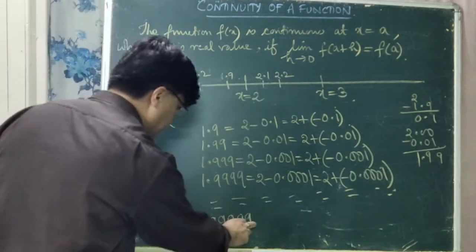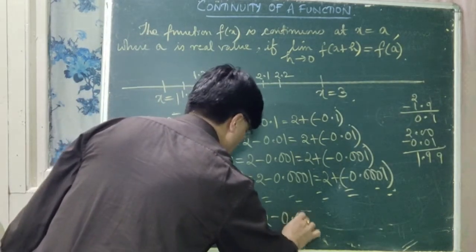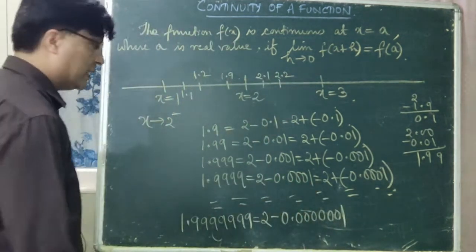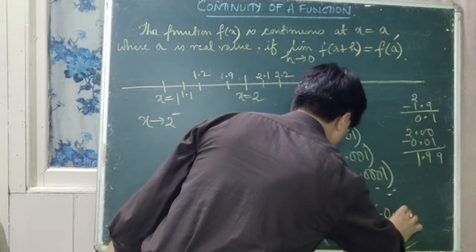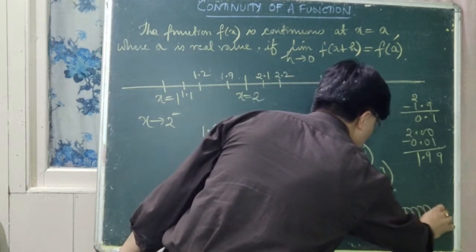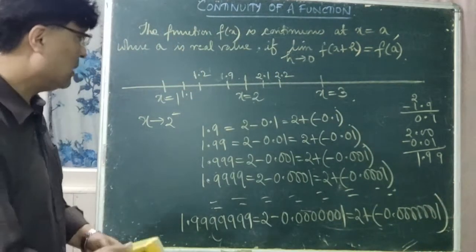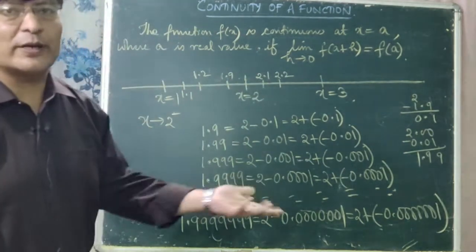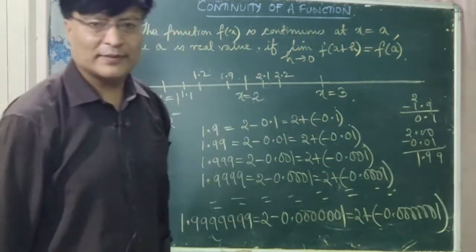Suppose after the decimal point there are 7 nines, which is equal to 2 minus 0.1 2 3 4 5 6 and 1, which is equal to 2 plus within bracket minus 0, how many zeros, 1 2 3 4 5 6 and 1. Understood? You may say, sir, there can even be 10 nines after the point, and then it keeps increasing like that, doesn't it?